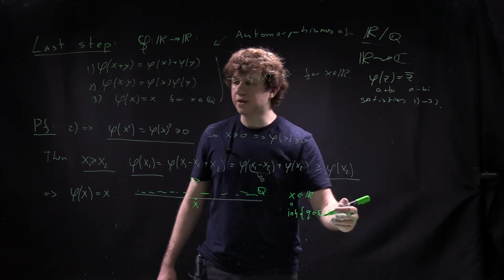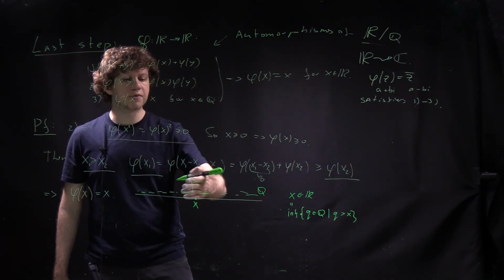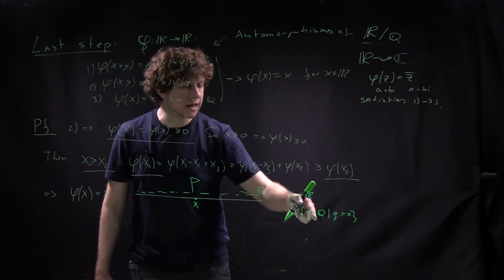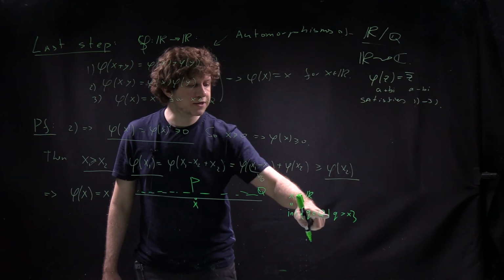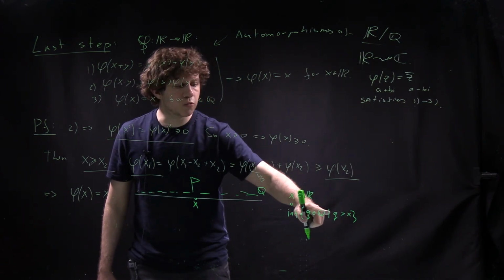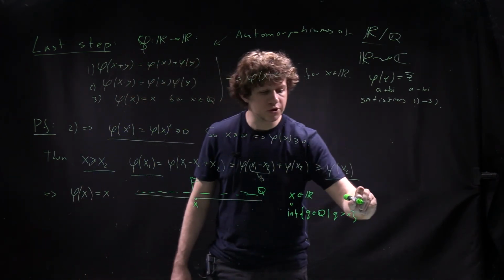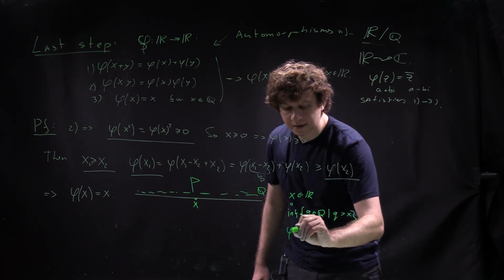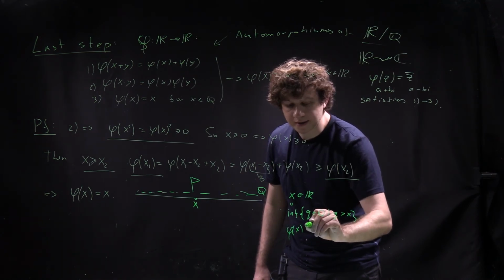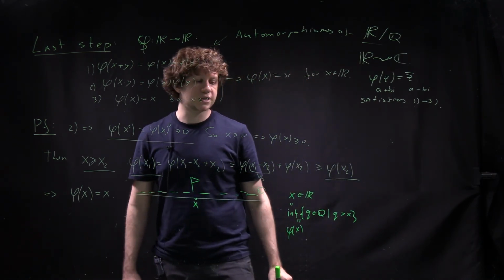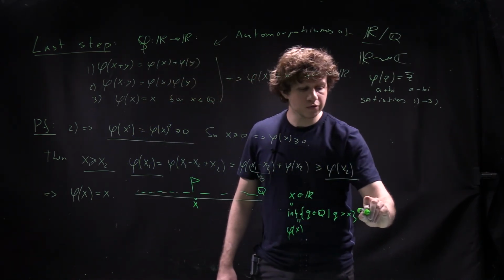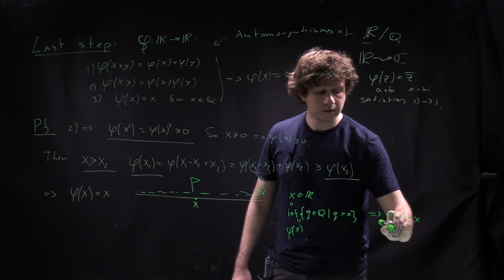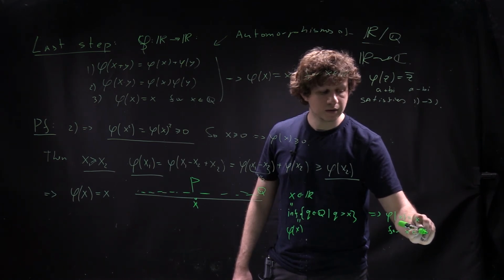And then it's really easy to see that if phi fixes rational numbers and also preserves inequality, then phi of x is also equal to the infimum of the same set. And then you conclude that phi of x equals x for any x in R.